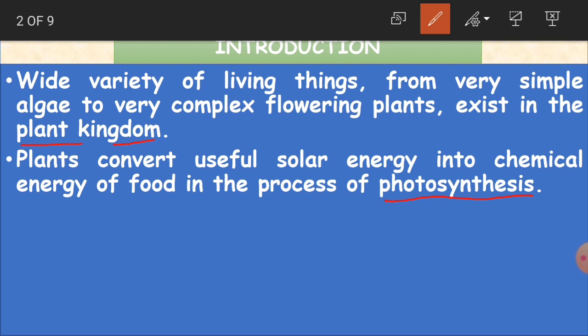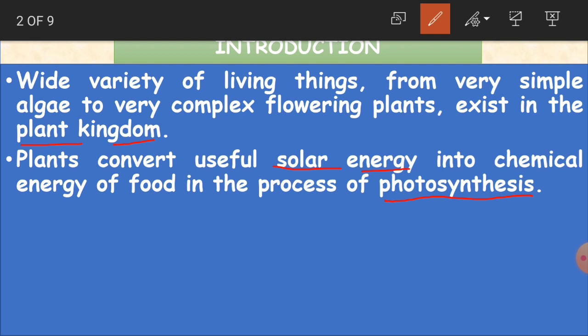And that photosynthesis is carried out by using solar energy. Yes or no? So photosynthesis needs what? Air, water and sunlight. And sunlight is nothing but solar energy here. So when the plants carry out the photosynthesis process and make their food, what happens?